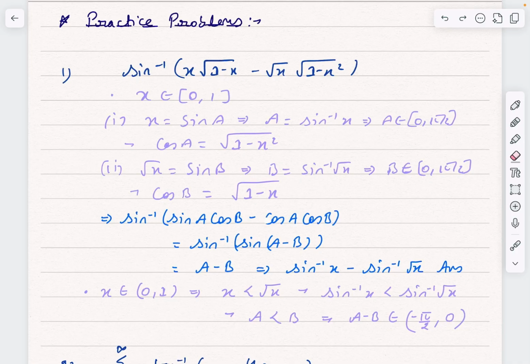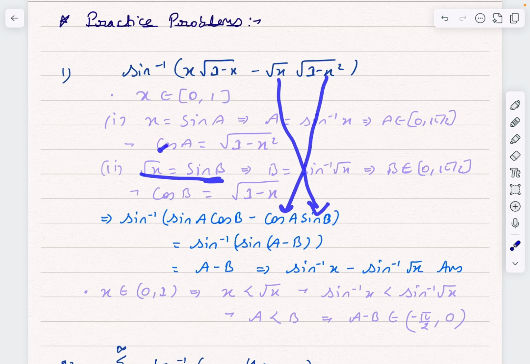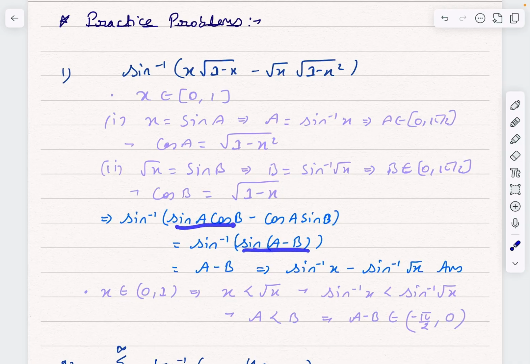Yes, this should have been cos A and sine B. So x is sine A and root 1 minus x is cos B from here. Now root x is sine B, we assumed here, and root of 1 minus x square will be cos A, we got from here. Why are we doing this? It looks like a formula: sine A cos B minus cos A sine B will be sine of A minus B.